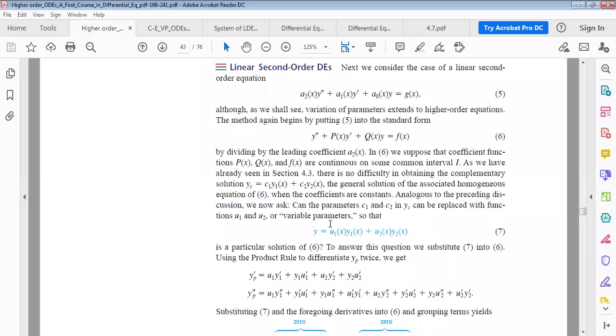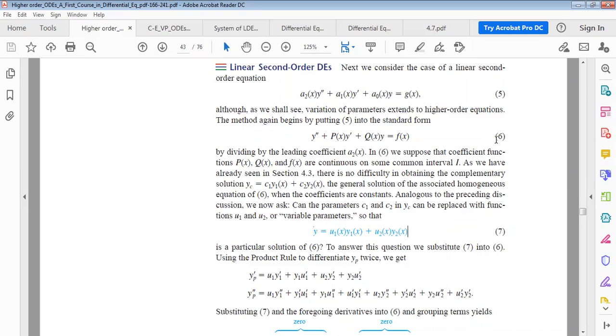That means we replace the parameters c1 and c2 in yc with the functions u1 and u2. This is why it is called variation of parameters. So this is the particular solution of these types of differential equations.